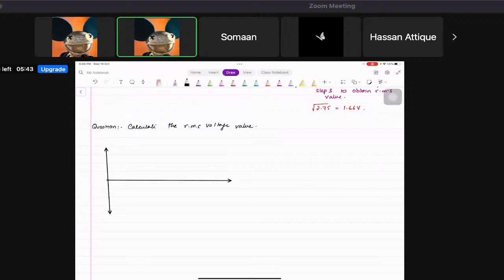So here this is -2, and then it goes here, and then this is 2, and then it goes to double of this where it is 4.